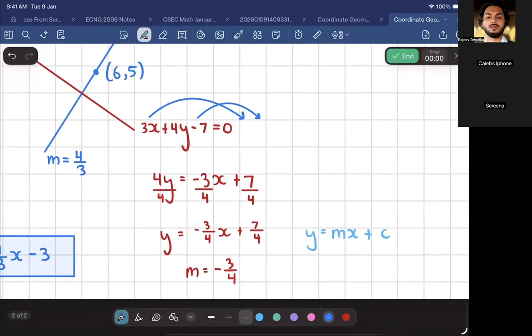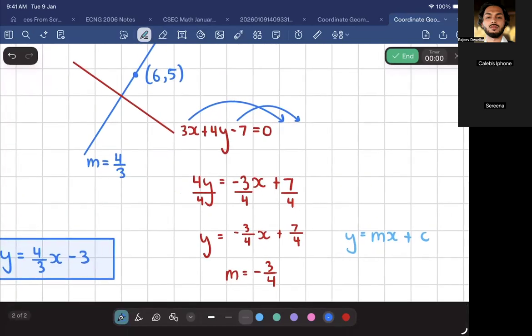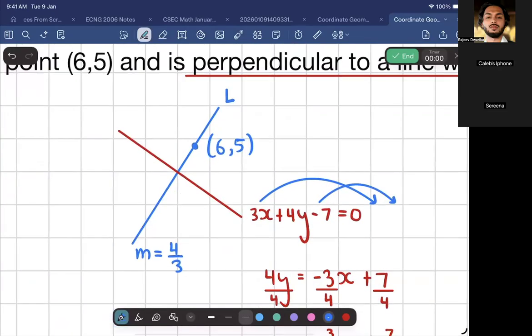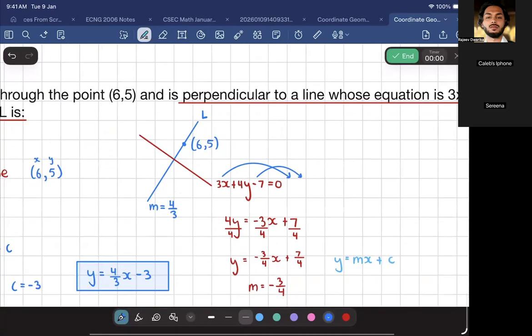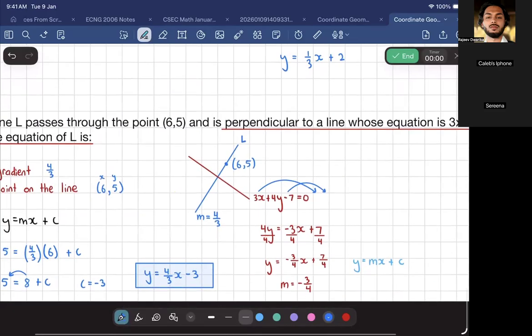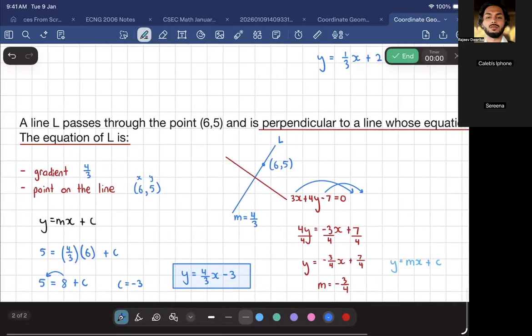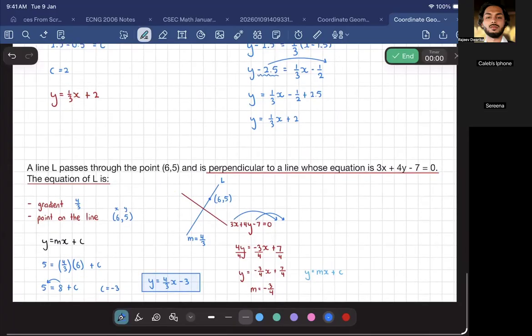So you should probably put it in the form y is equal to mx plus c so you could figure out what the gradient is. But the red line and the blue line are different lines. You see that? They're different lines, right? Yes, sir. So after you find the gradient of the red line, you change the sign and you flip it to get the gradient of the blue line. Once you have that, you just put it into y is equal to mx plus c, and you find c, and that is the day.